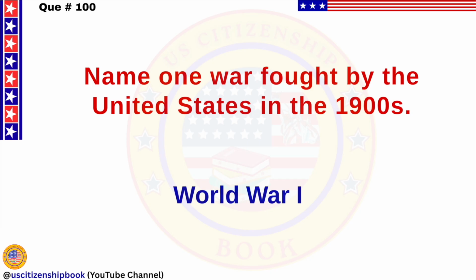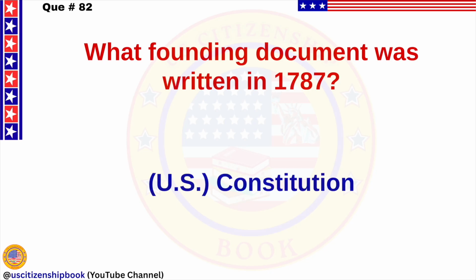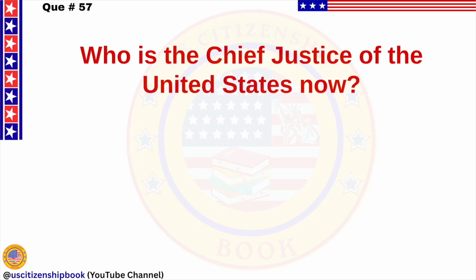World War I. What founding document was written in 1787? U.S. Constitution. Who is the Chief Justice of the United States now? John Roberts.